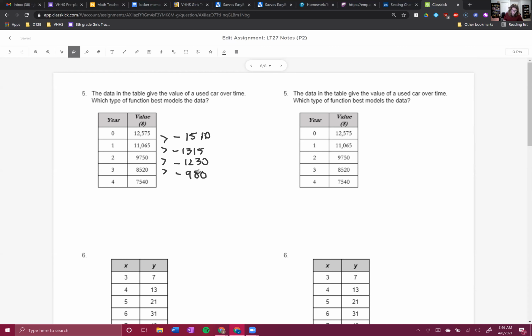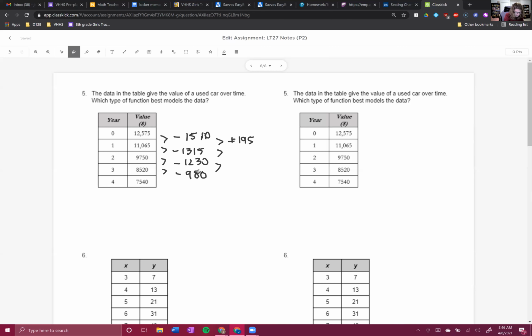It's not linear. So we check our second difference. I'm going to take negative 1,315, subtract negative 1,510, and I get 195 bigger.